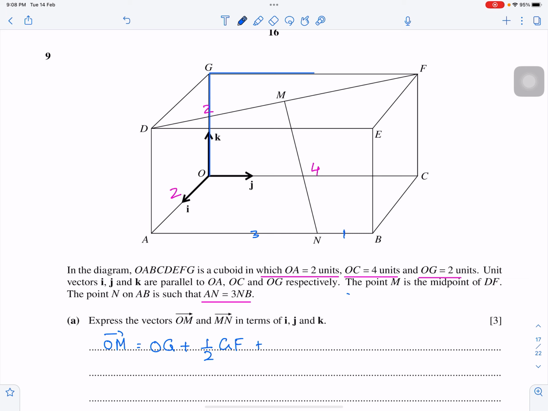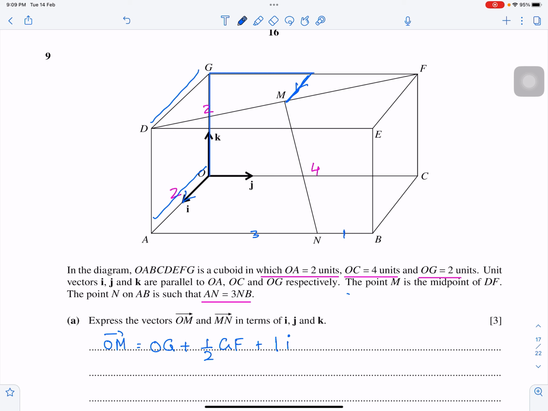Then I will come in this perpendicular direction. Now this whole thing was 2 units, so coming in this direction, it will be 1i. I'm calling it 1i, and it is in this direction, and i is also in this direction.